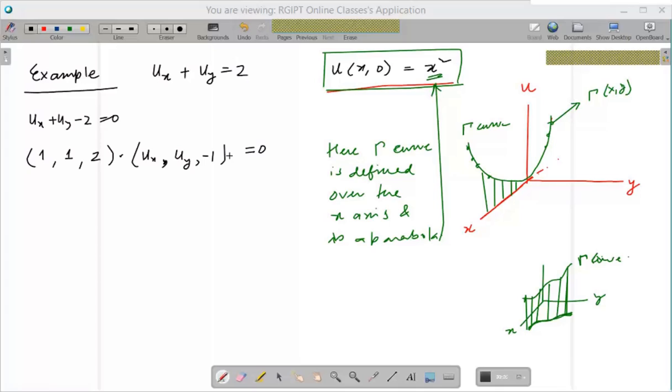All right. So what I know is that if I point myself always parallel to this particular vector (1, 1, 2), then I'm actually moving on the surface for sure.